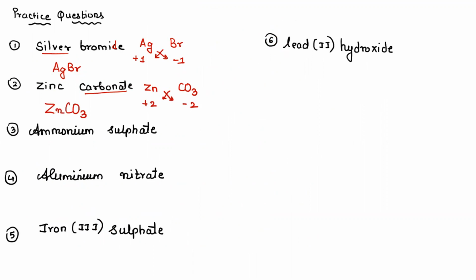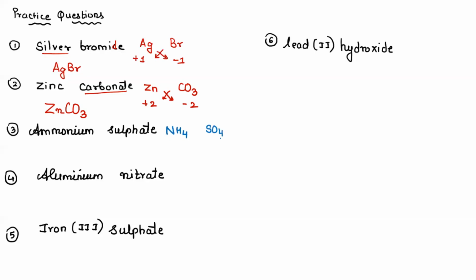Okay, next, Charvi, ammonium sulfate. Okay, ma'am. So I have to tell the symbol first, right? Yes. Ammonium symbol is NH4 and sulfate's symbol is SO4.